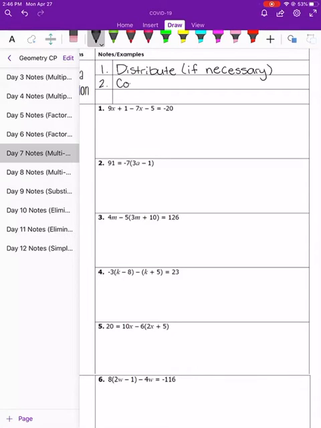Your second step is going to be to combine all like terms. So 2x and 8x can be combined together. And then step 3 is going to be solve for the variable.